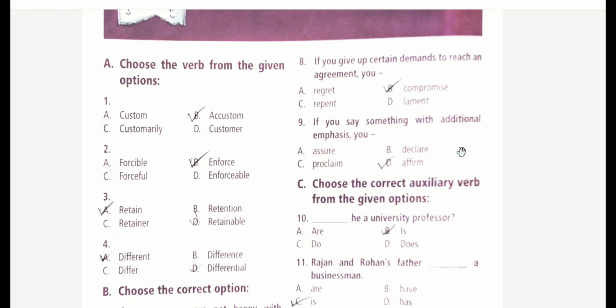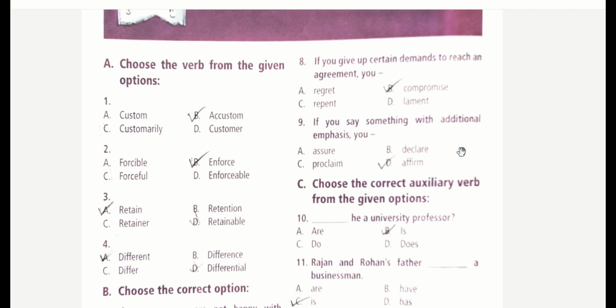The next is difference. The way in which two or more things are not the same, what sets them apart. Okay, this is a noun. If you see on the screen, different is checked. So this is not correct. Different is an adjective, difference is a noun.